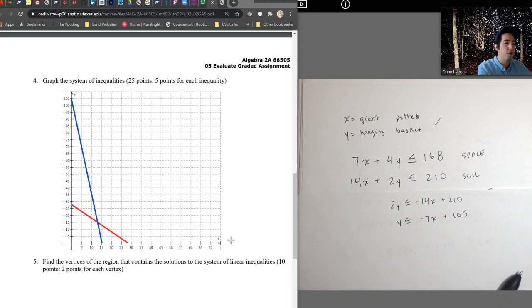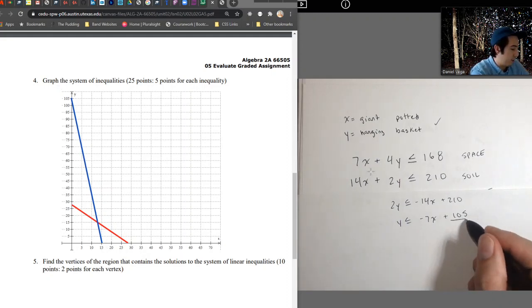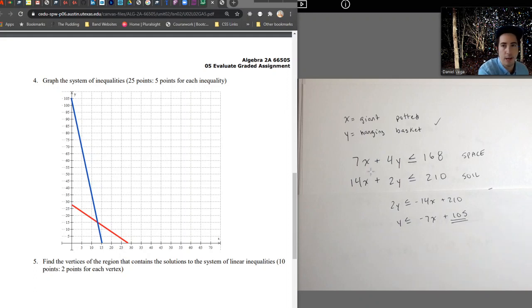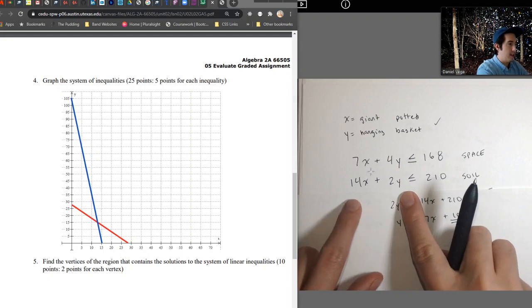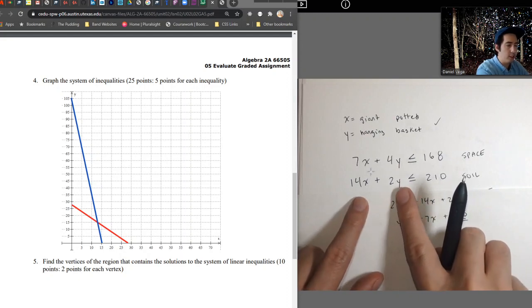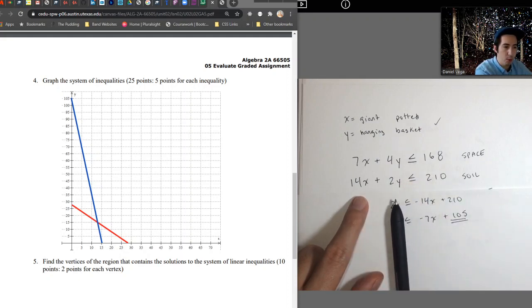Just so you know, the way I know the y-intercept is that I put it in slope-intercept form. The other way I'm doing it is in this form here. We wrote these inequalities in standard linear form.